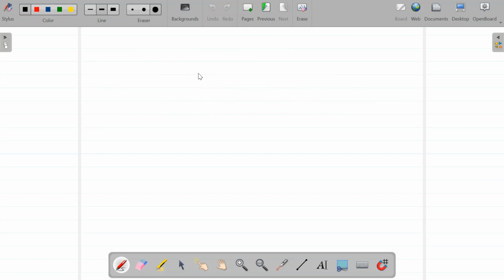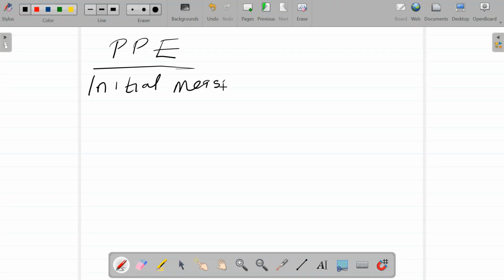Some of the issues we have to look at under PPE. We have to look at the initial measurement. When you buy a PPE, how do we record it in the books? So we have initial measurement, then we have subsequent measurement.